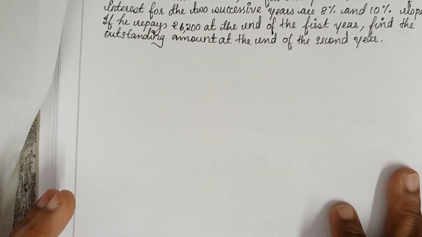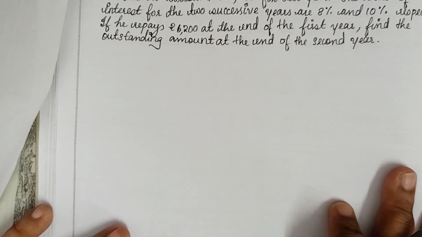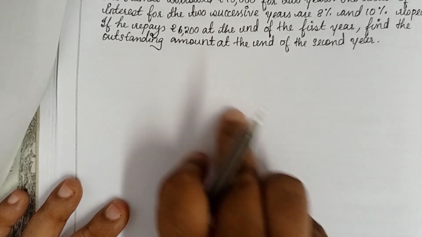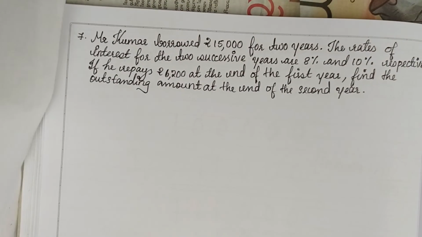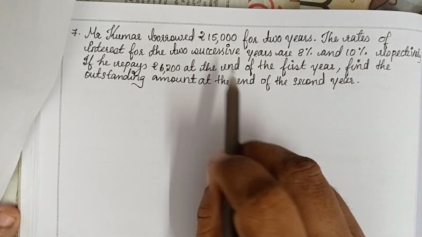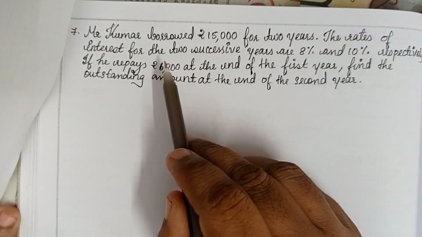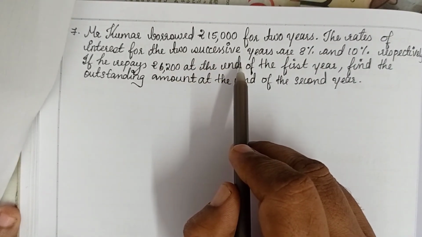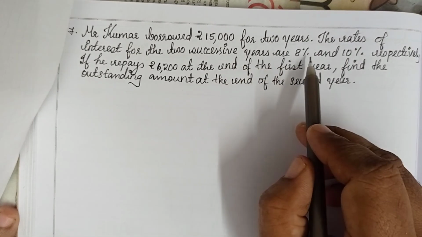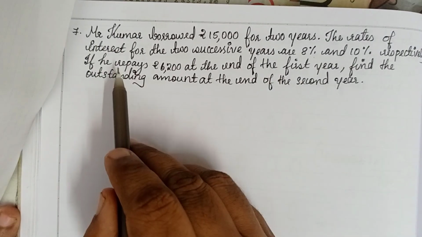Okay, one more question of the same type. All of you write the question. Mr. Kumar borrowed 15,000 for 2 years. The rates of interest for the two successive years are 8% in the first year and 10% in the second year respectively.